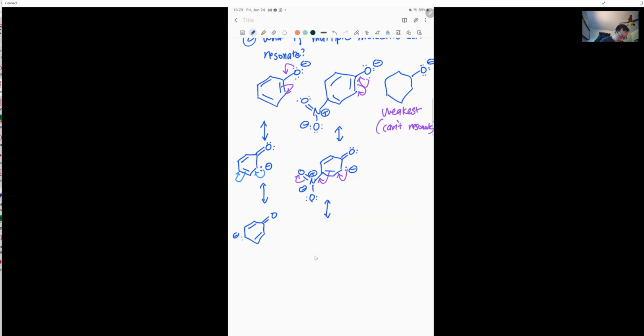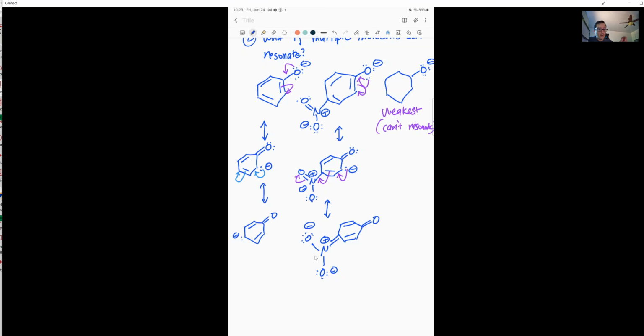Okay, one more structure. So we have our nitro group. Where are we? We have our benzene. We have our positive charge there. We have these negative charges here. And so we can see, yes, this one will have better resonance, and it will also have more.